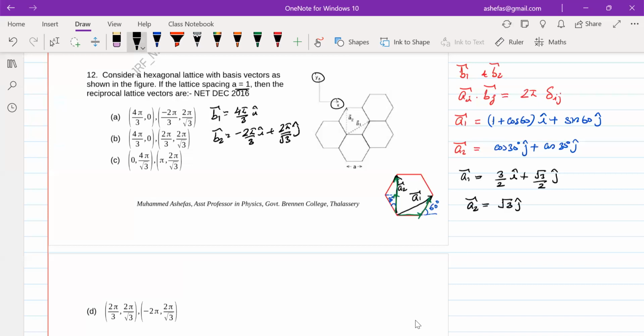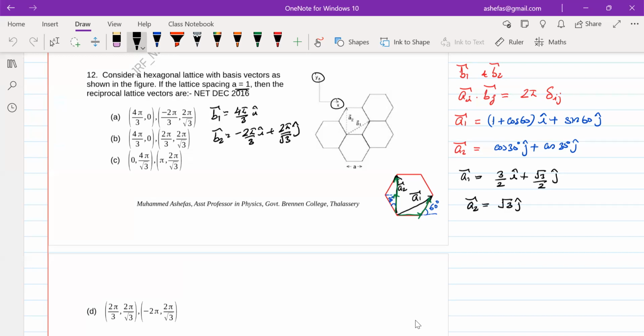If you take the product between b1 and a1, what would be the answer? b1 dot a1 gives 2 pi. That's okay. And b2 dot a2 also gives 2 pi. So that satisfies a1 dot b1 and a2 dot b2 equal to 2 pi.